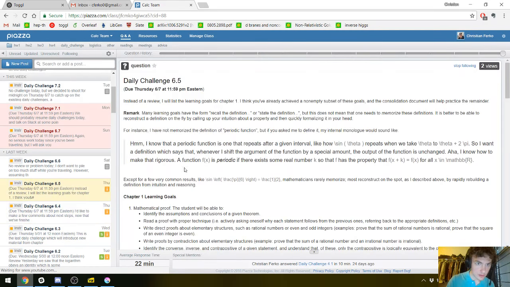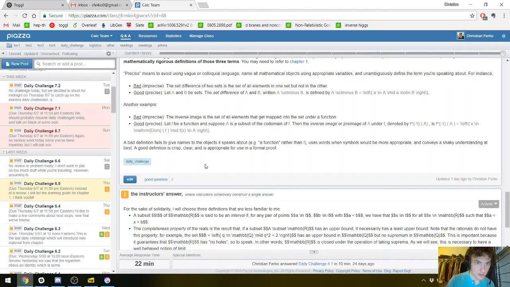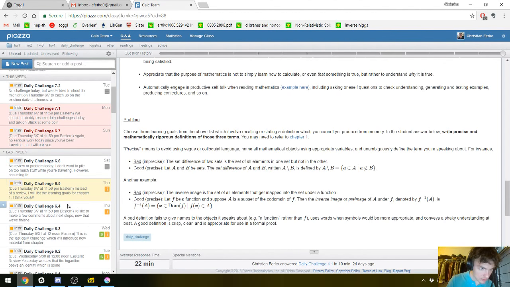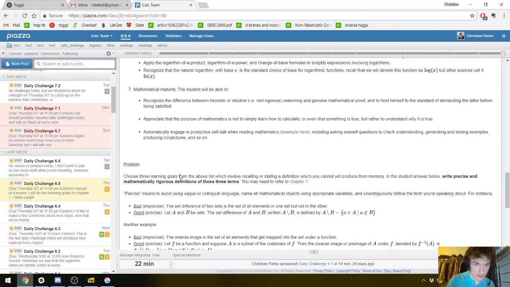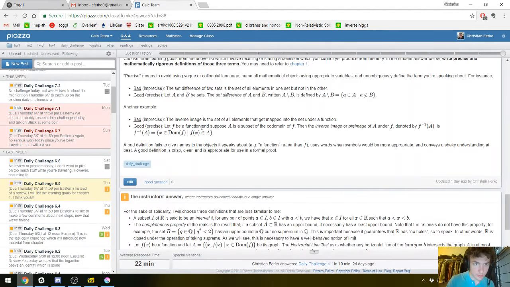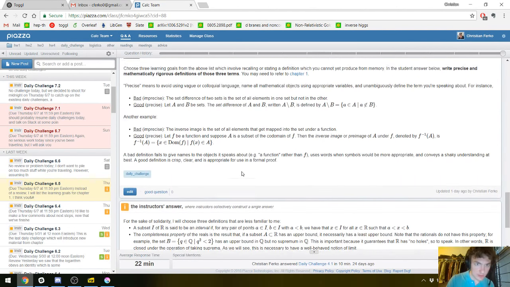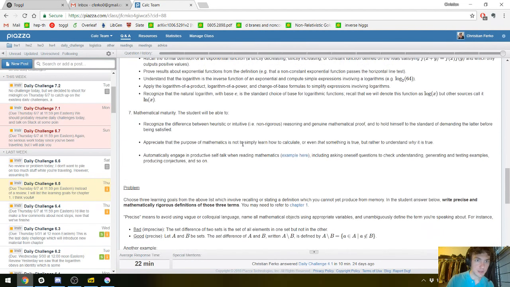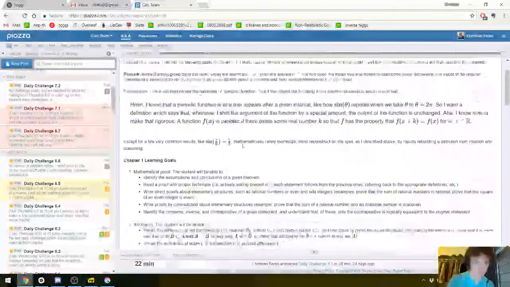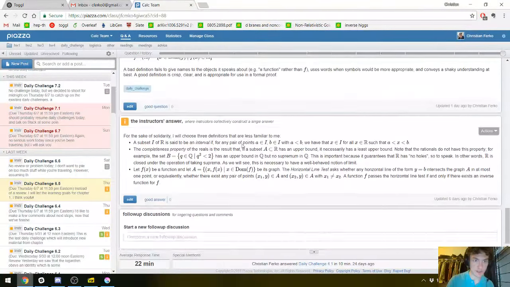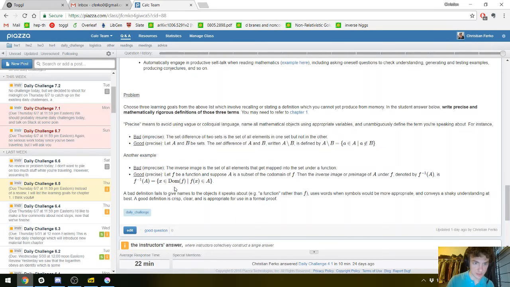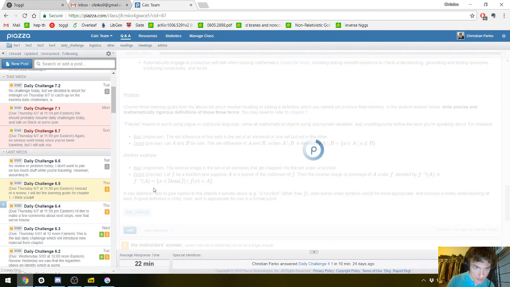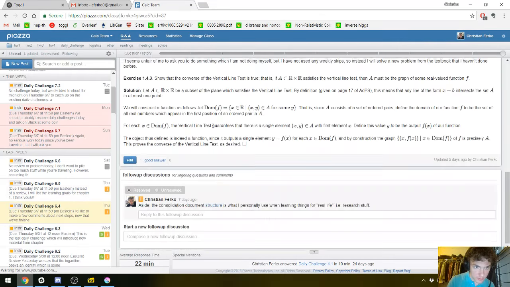Was there problems here? Yeah, okay. So these challenges, it's probably harder to go through because in 6.5 I just asked you to pick 3 of the definitions from this list of learning goals and write precise definitions, where I gave examples of good meaning precise and bad meaning imprecise. So maybe that one's easier to do on your own.